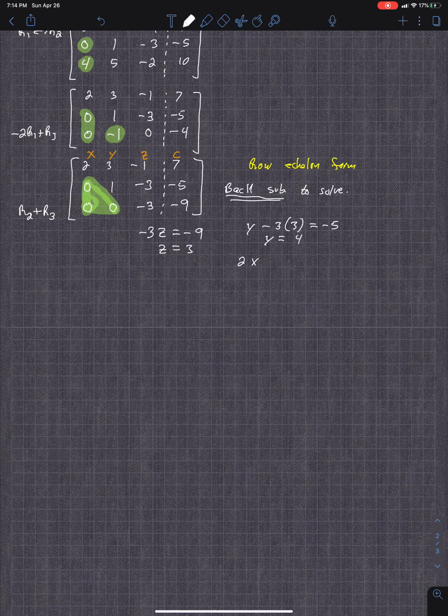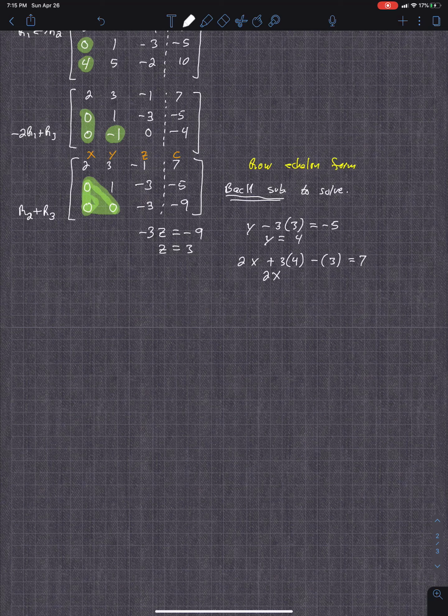So it's 2x plus 3 times y, which is 4, minus z, which is 3, equal to 7. Then you solve that for x.